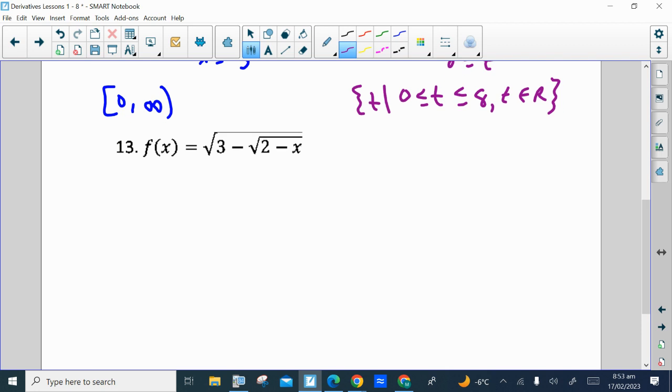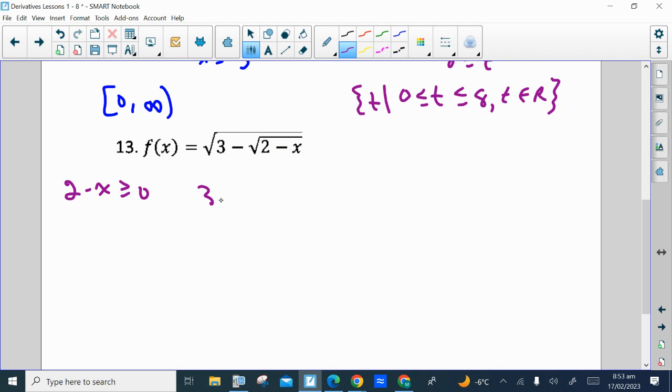Now, number 13. You've got a radical within a radical. And remember, the restriction we have on radicals is that the radicand cannot be negative. So there's a couple things that we need to look at here. We need to say that 2 minus x has to be greater than or equal to 0.